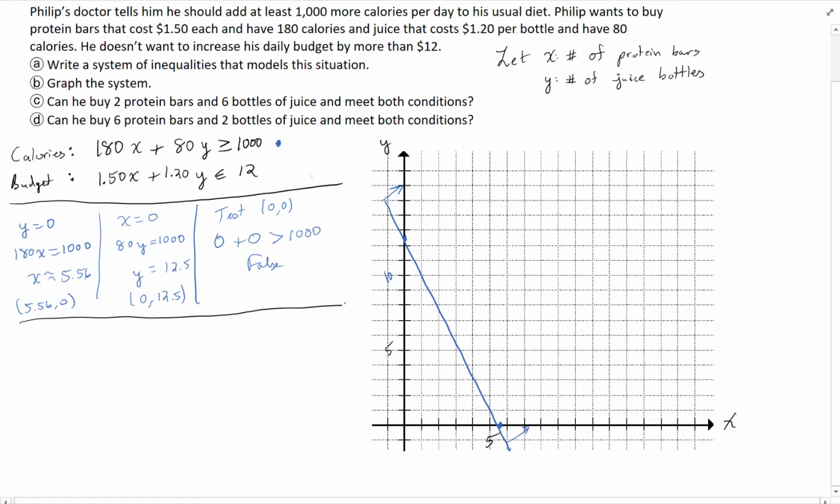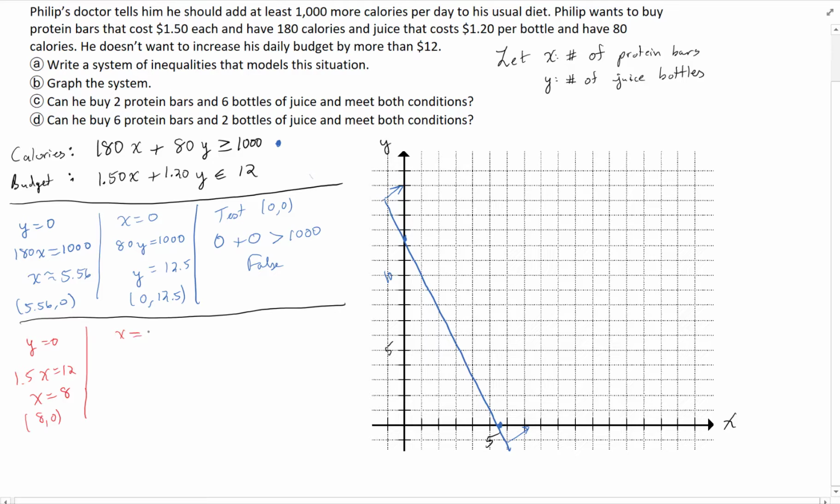Let's graph the second inequality. Using similar methods, if I let y equal 0, then I would have 1.5x equals 12, and x equals 8. That gives me the point 8, 0 on the boundary.